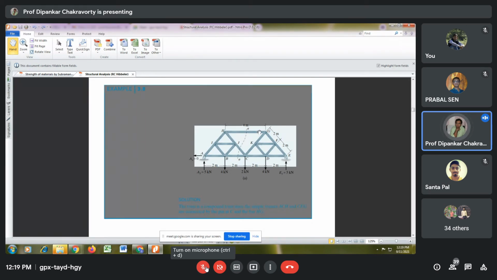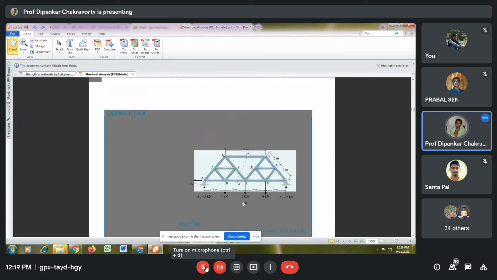This is one truss, this is one truss. They have been connected by this member, maintaining the triangle configuration, and other triangular trusses are inserted within this. So these are determinate trusses, but you may face a difficulty by applying only the method of joints.